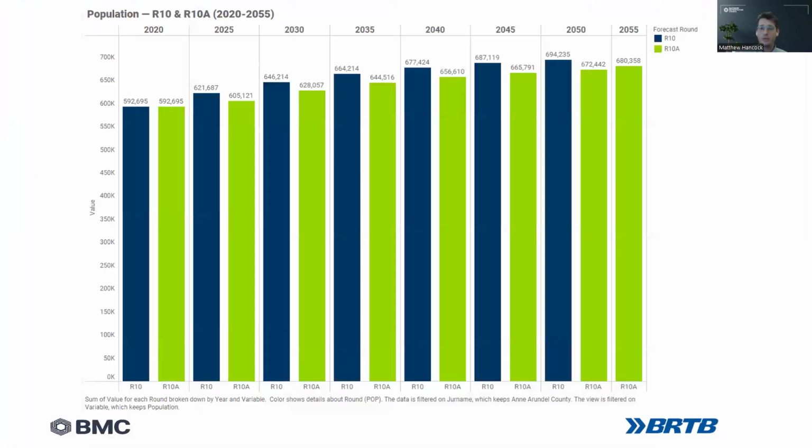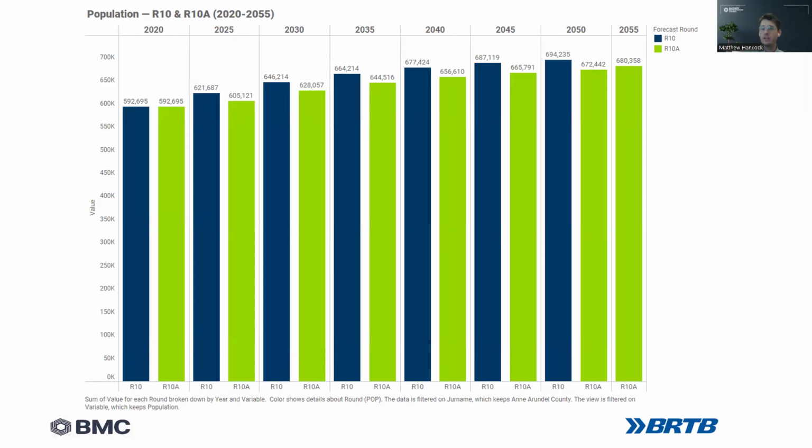So for Anne Arundel, we'll see population forecast a downward revision relative to round 10, consistent throughout the forecast frame. We're showing slower growth than round 10 had projected, particularly in that 2020 to 2030 period. And then we're moving forward into more leveled out projections.